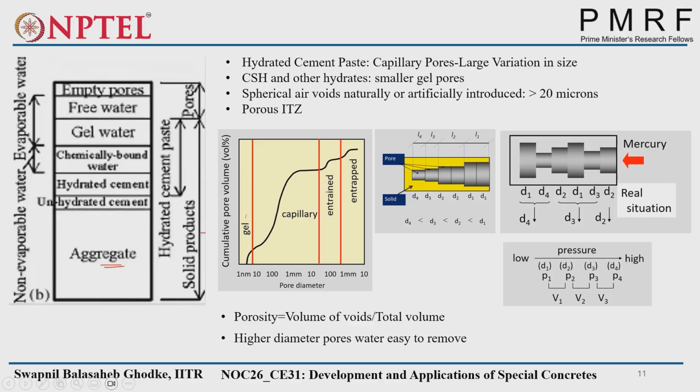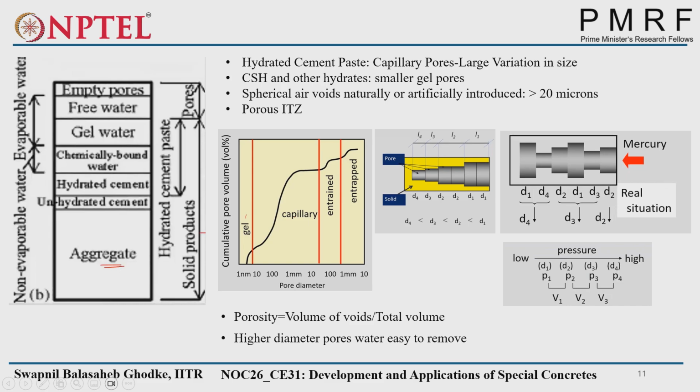But this is a very idealistic case. In the real situation, in concrete, the pores will not be arranged exactly like larger diameter first, then smaller diameter, and then smaller again. It will be in arbitrary places. So this is called the bottleneck effect. This is the limitation of mercury intrusion porosimetry, actually.